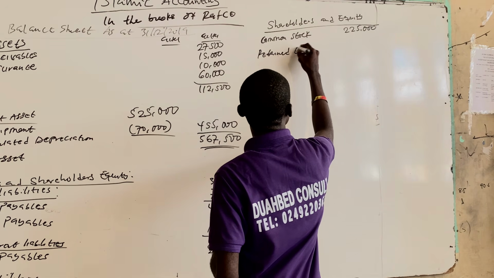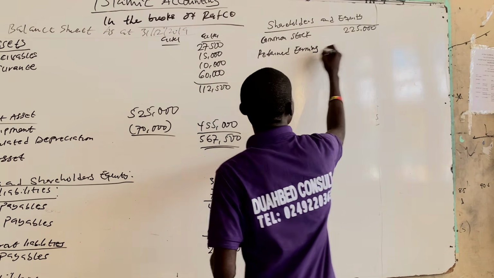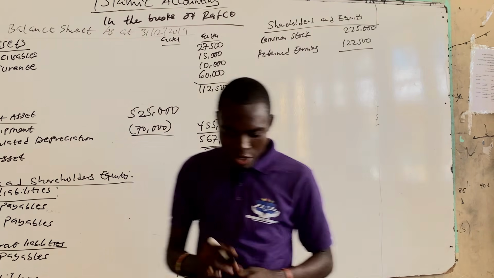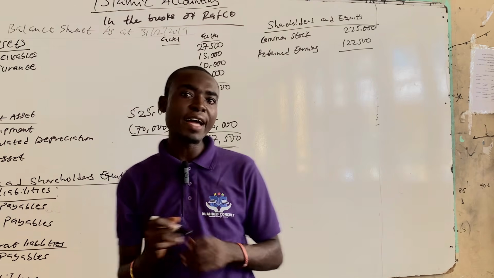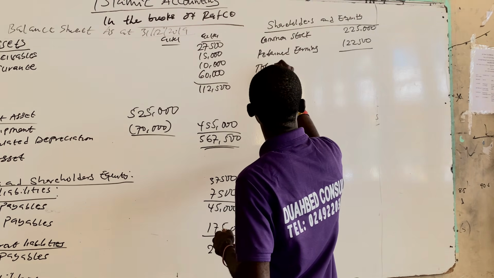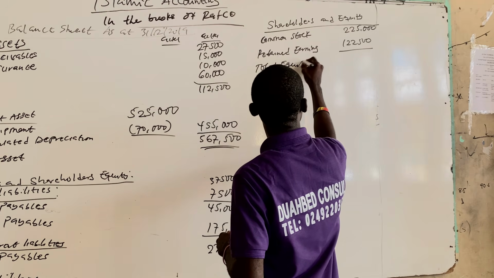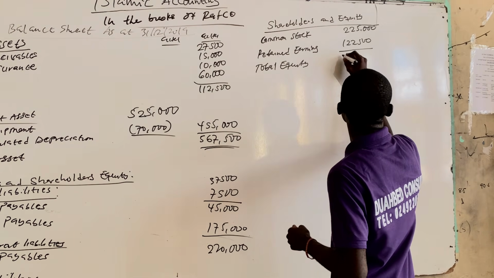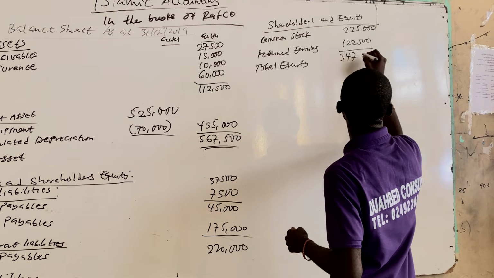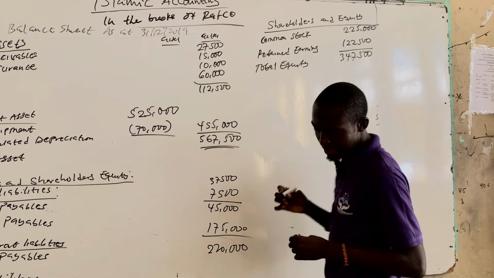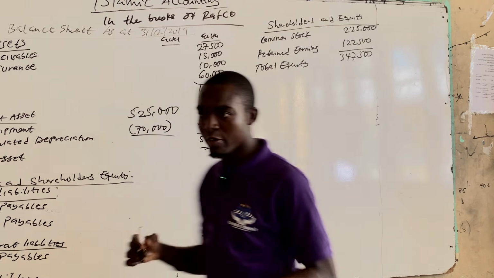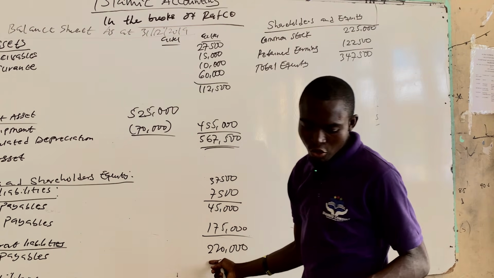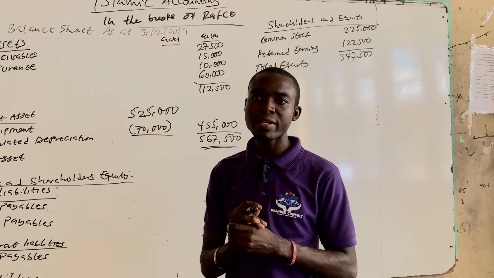The total of the two will give you the total equity, which will be 347,500.